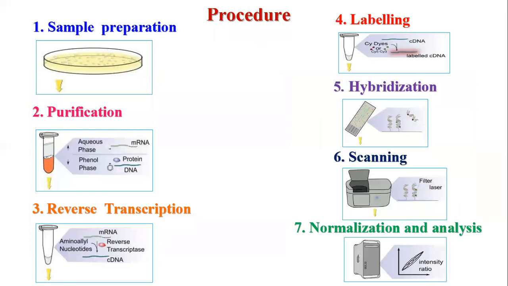So how to perform this process? This process has 7 different steps. The first step is sample preparation. If you are trying to perform a DNA chip assay or DNA microarray, you can do that by simply using cells, or else you can go for cell culture.